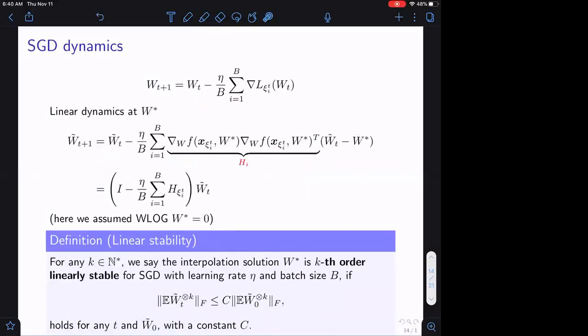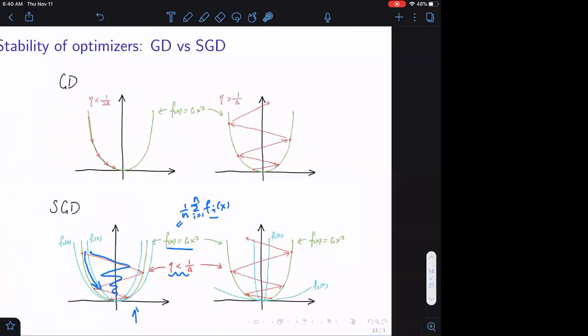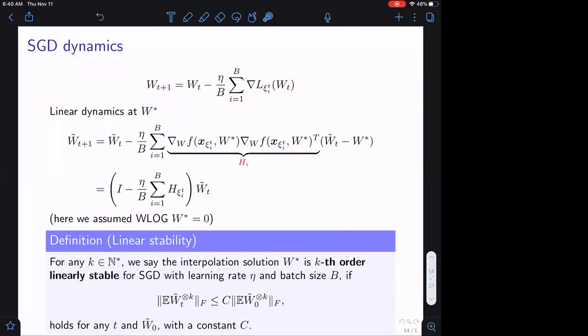Now here, by stability, what we mean is that when SGD finds a W star, our solution, it finds a stable one, in the sense that I'll explain to you. So let's take a look at the stochastic gradient descent step.